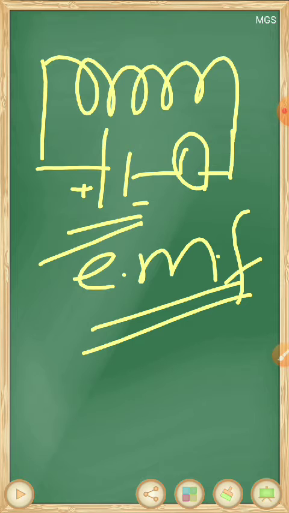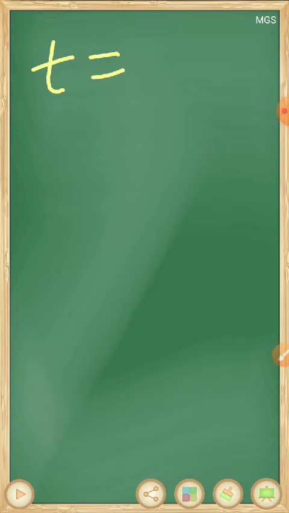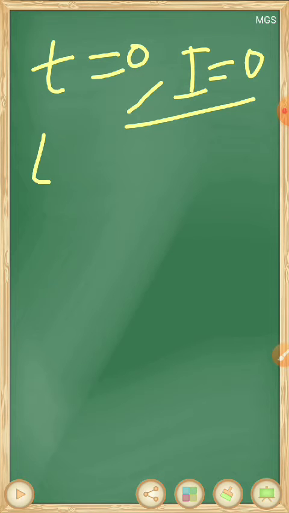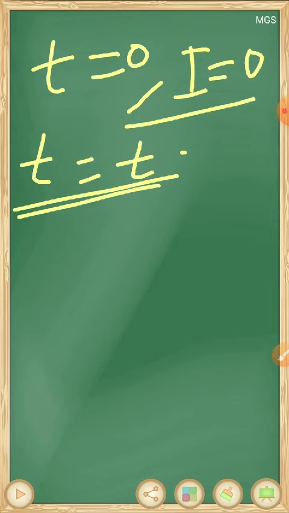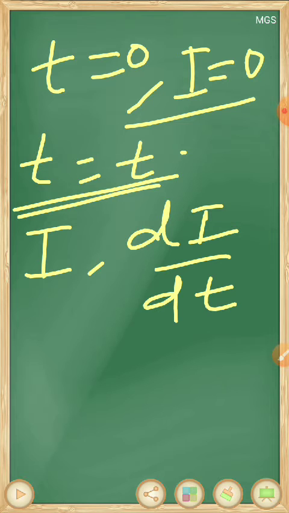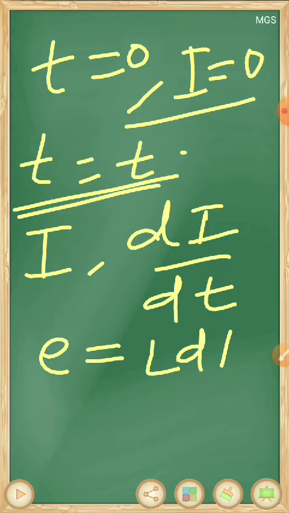So expression for energy stored inside the inductor: suppose at t equal to 0, the current in the inductor is also 0. At any time t, let I be the current flowing in the inductor, and di by dt is the rate of growth of current at that instant. So induced EMF across it is given as L di by dt in magnitude only.